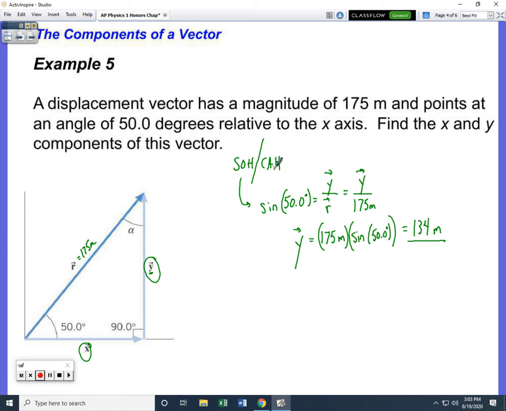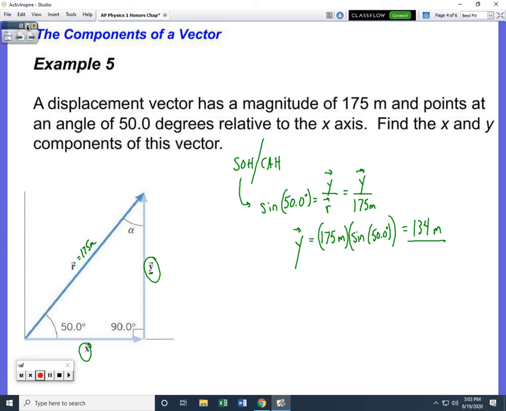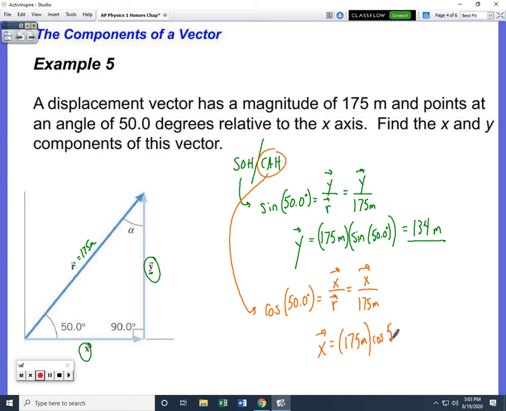Then I'm going to actually borrow cosine for the other one, because CA will allow me to do this. The cosine of my 50 degrees should be my adjacent side, x over the r, and so my x over the 175 meters. Do the exact same idea. So x would equal the 175 times the cosine of 50 degrees.